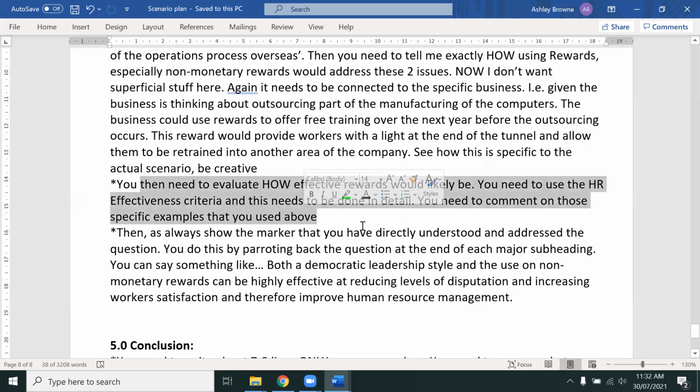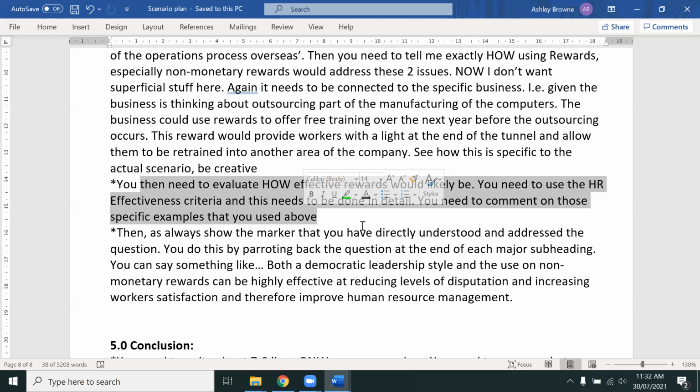Explain how using a non-monetary reward, and it could be something like, here's one, providing training for employees is a non-monetary reward. If workers are going to lose their jobs because their work is now being outsourced overseas, so that's specific to the business, then by providing training, delaying the outsourcing for a year maybe, by providing 6 month or a year training, then we can retrain those workers to work in other parts and aspects of the business.